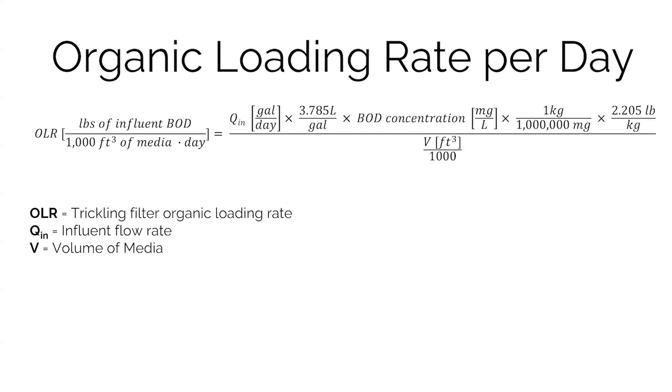But sorry. So it's multiplied by our flow into the trickling filter, by our conversion factor, by the BOD concentration, which would be calculated in the lab. Then we have a couple more conversion factors, and that will provide pounds of influent BOD over the volume of our trickling filter per day.